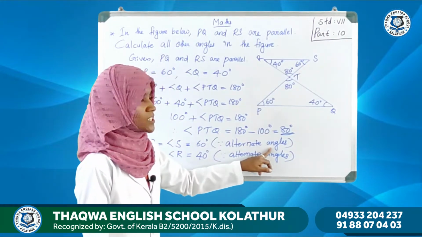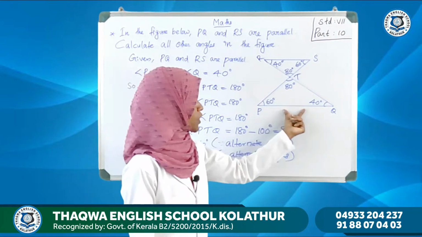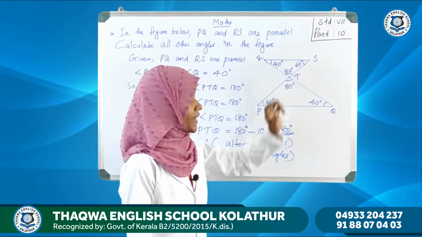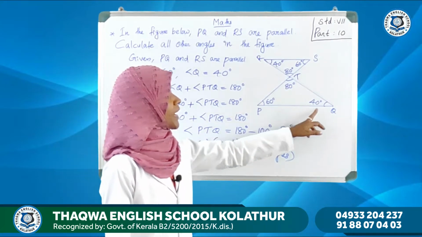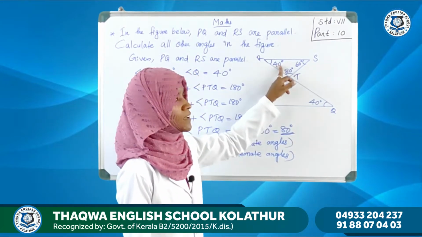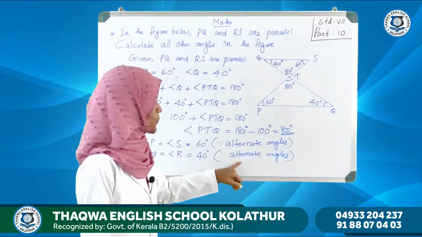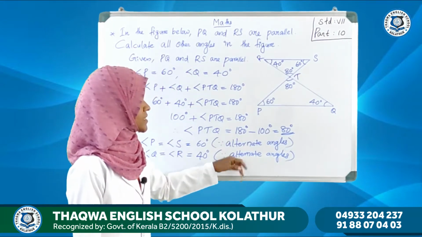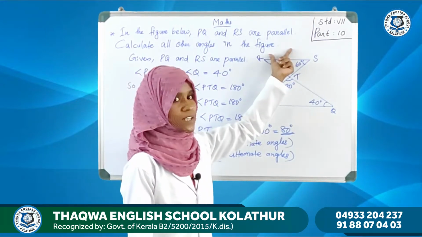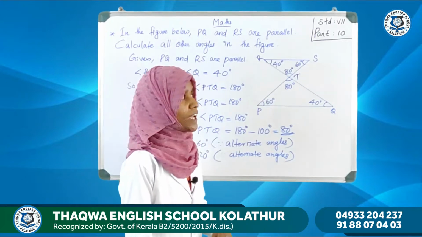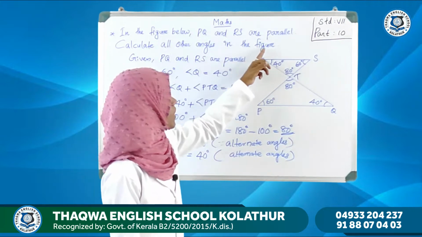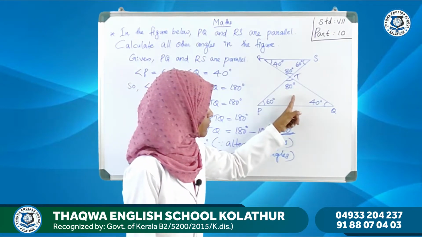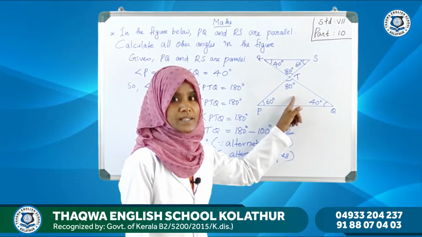Yes, alternate angles since PQ and RS are parallel. Next, angle Q equals angle R. These are also alternate angles. Reason: PQ and RS are parallel. What is the question? Compute all other angles in the figure. So, we got all the angles.